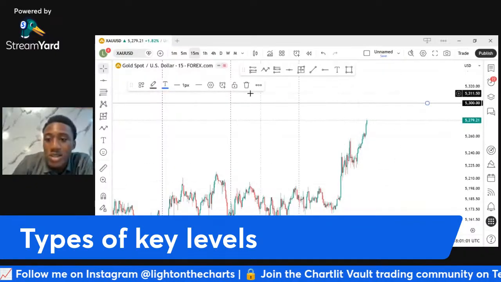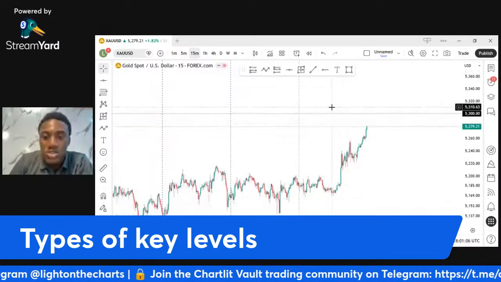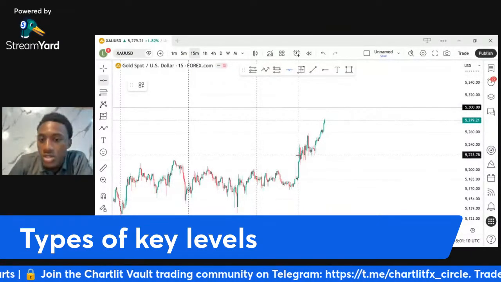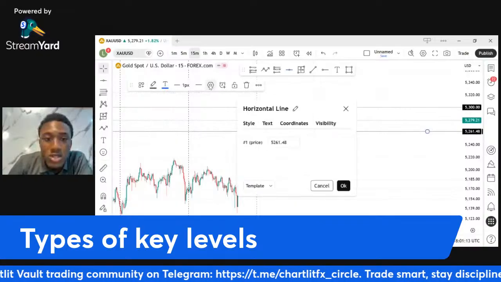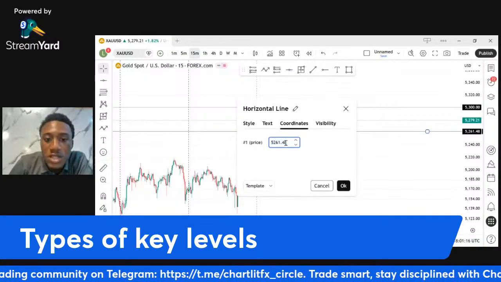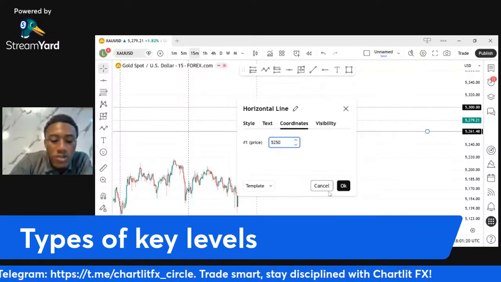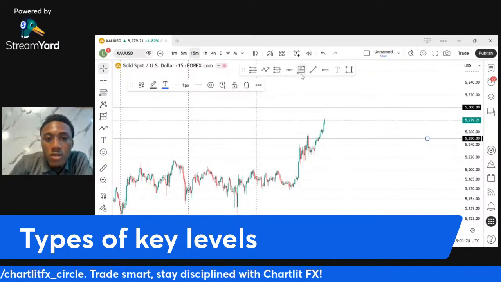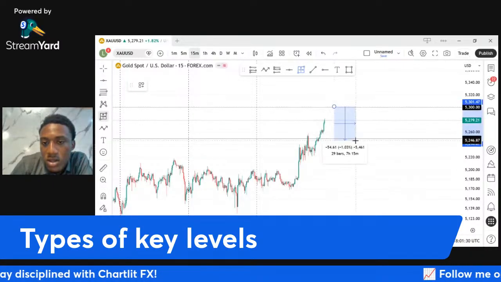But I don't basically plot psychological levels anymore because I just use my head to know where price is currently at. It's a waste of time. But for ease of understanding, the next one is 5,250. If you calculate it with our measuring tool right here, it's close to 50 pips.